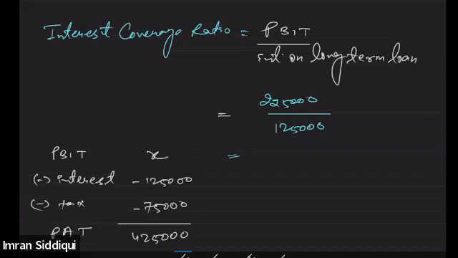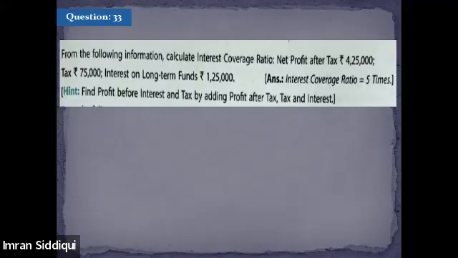Interest coverage ratio as per the question given is 5 times. Just a second. 125 plus 75 is 2 lakh, and minus 2 lakh.